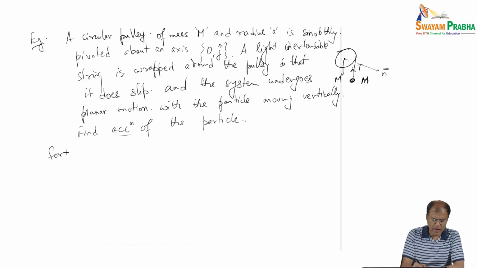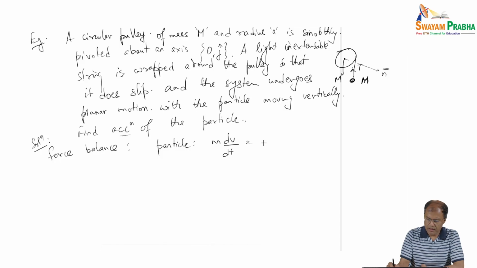So the force balance for the particle: m dv/dt is mg minus T, and then for the pulley, so this is my force balance here.